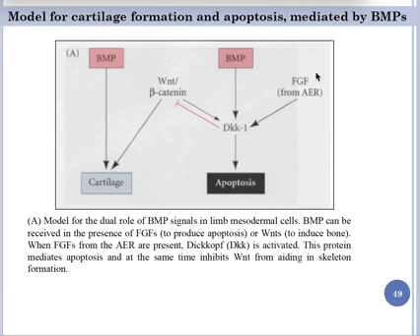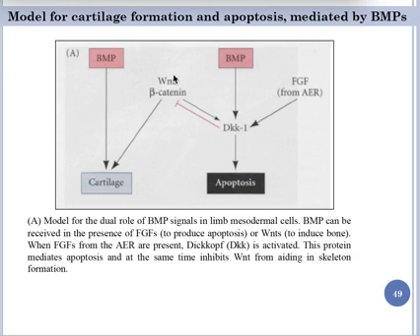So in the presence of FGF from the AER, BMP can induce the activation of one gene called DCOP or DKK1 in order to activate apoptosis. Also, BMP in the presence of Wnt or beta-catenin, which is the transcription factor of the Wnt pathway, can activate the formation of cartilage.